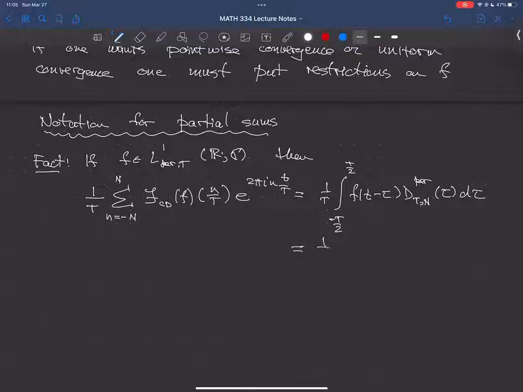So this is 1 over T times the periodic convolution of, and I'm going to write it the other way around because I know convolution is commutative, D per Tn convolved with F evaluated at t.